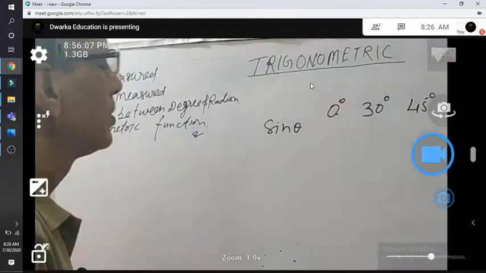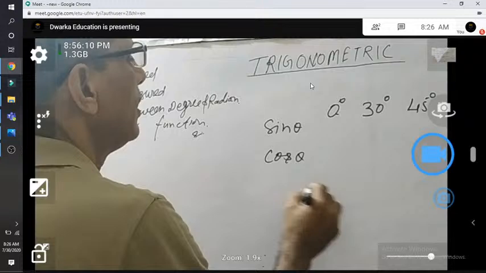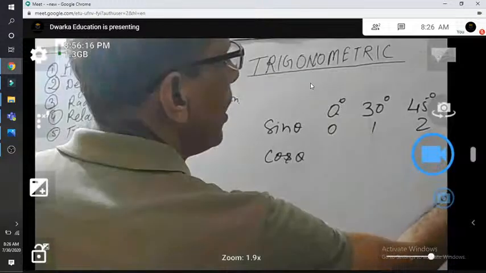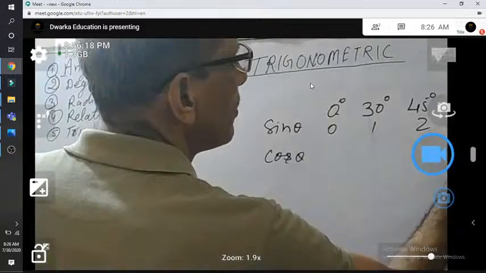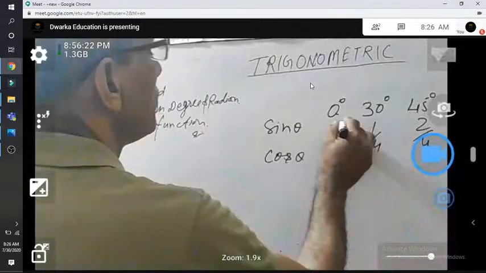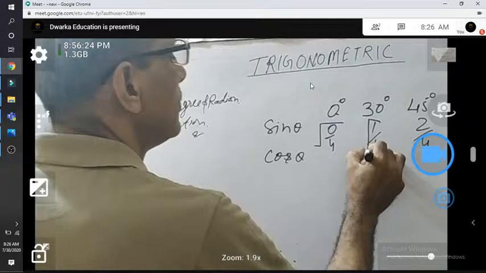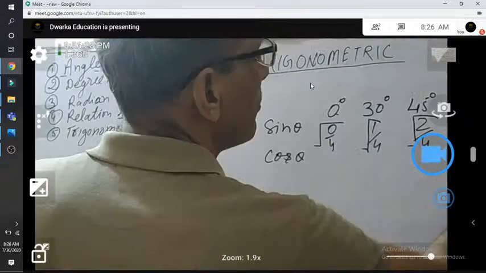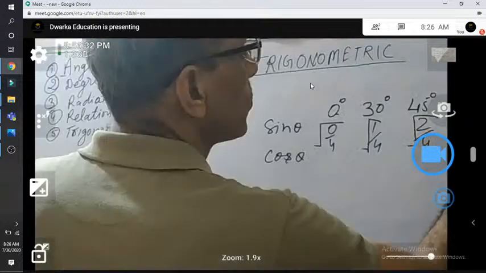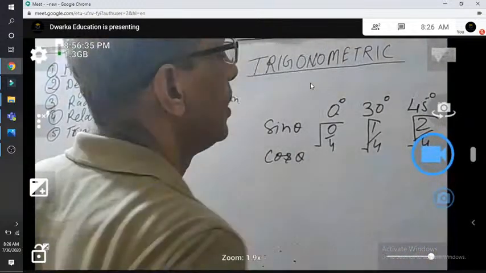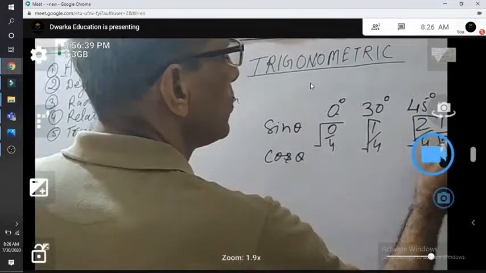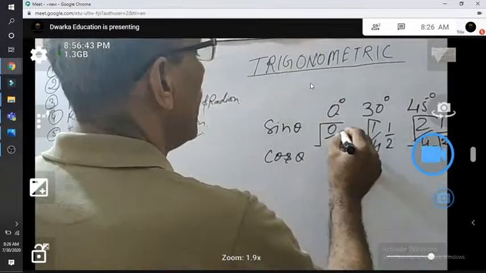Remember this for sin and cos theta. Starting from 0, 1, 2, 3, 4, divide by 4 and take the square root of all. This value became 1, this value became root 3 by 2, this value became 1 by root 2, this is 1 by 2, and this is 0.